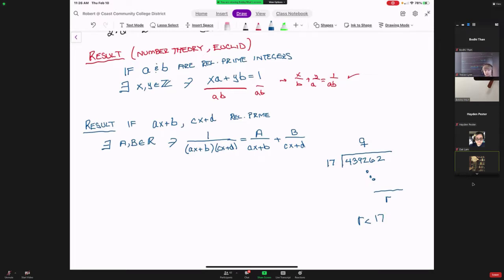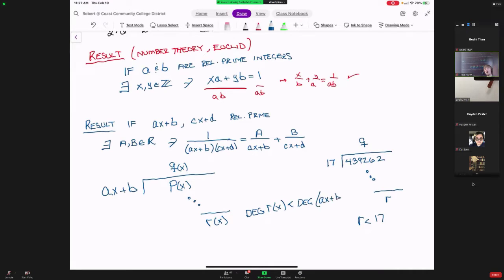Remember that? Kinda? Yep. Okay. So in the world of polynomials, if you were going to divide ax plus b into some kind of polynomial, you would get a quotient, and then down here you would get a remainder where the degree of r of x has to be smaller than the degree of ax plus b.